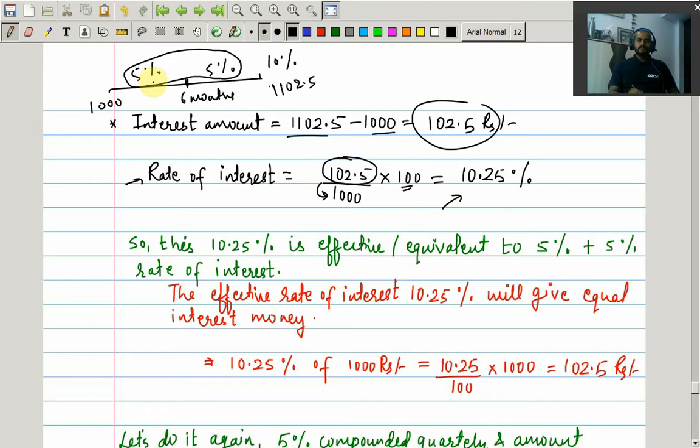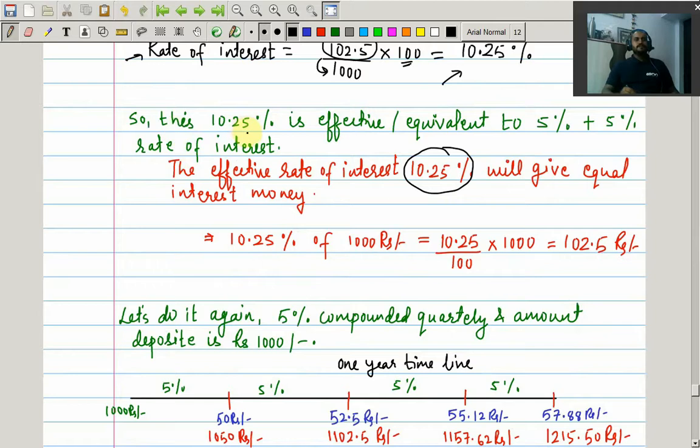There is a chance that you may answer that the effective rate of interest is 10%. Instead of taking 5%, you give me one effective rate of interest. Obviously you will tell 5% plus 5%, that is 10%. That's not true in case of compounding half yearly or quarterly. So the effective rate of interest is not 10%, it is something more, 10.25%.